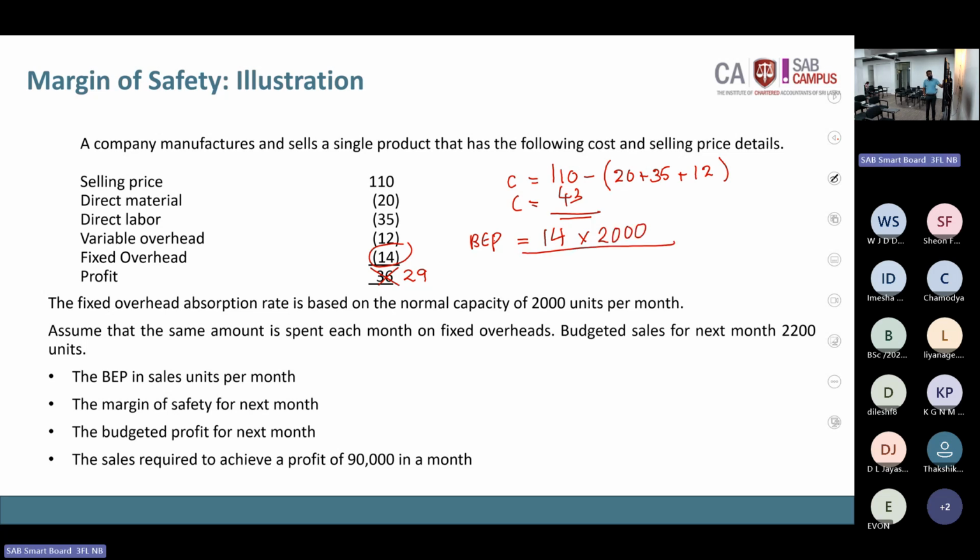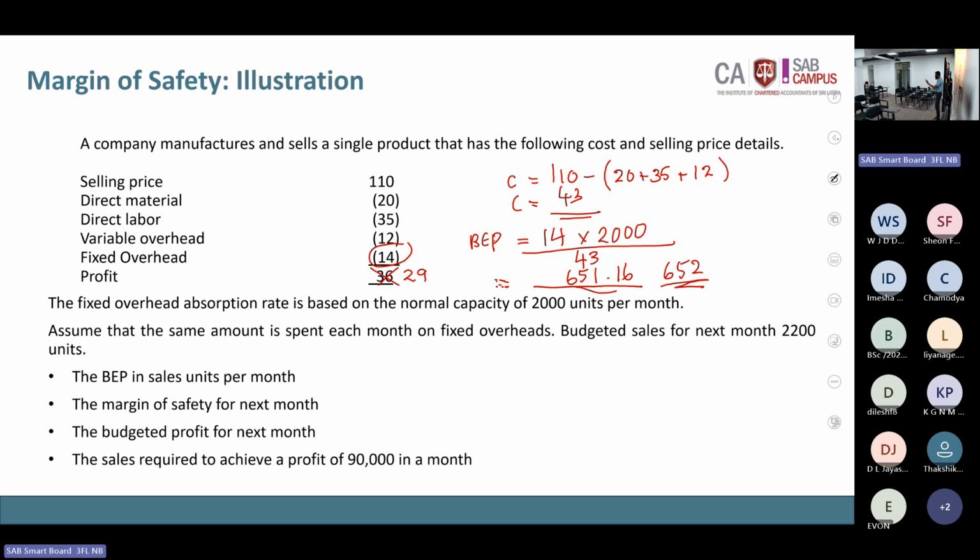Fixed cost 80,000 divided by contribution 40 plus 50... that gives 651.16.